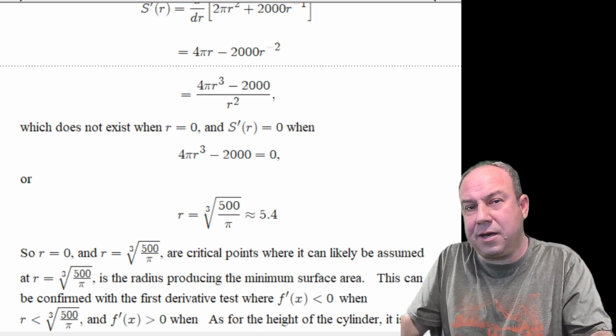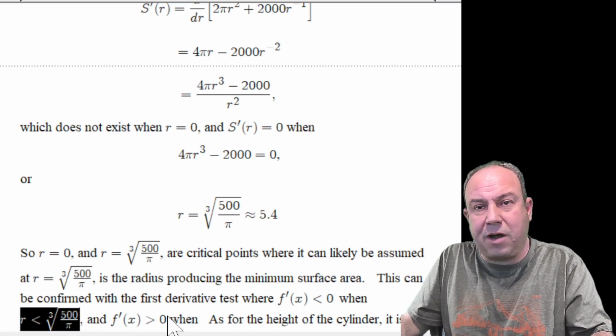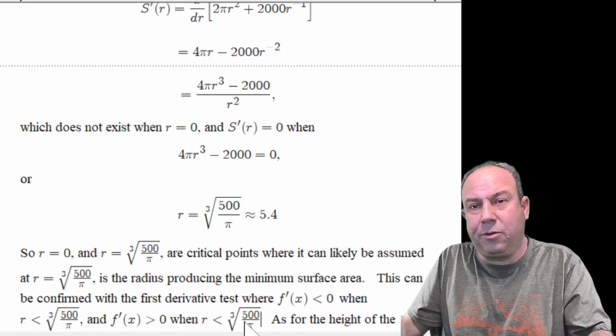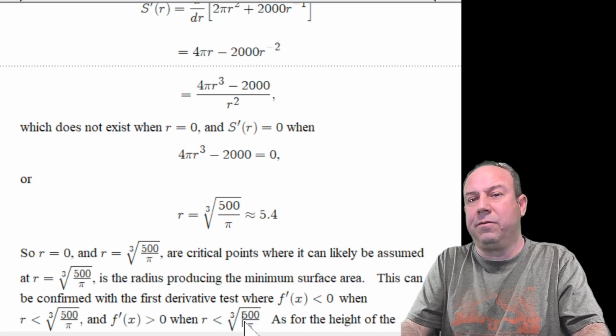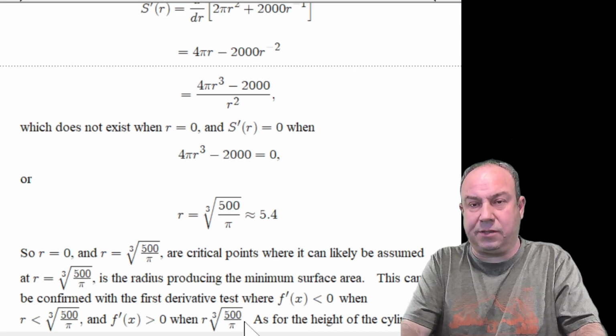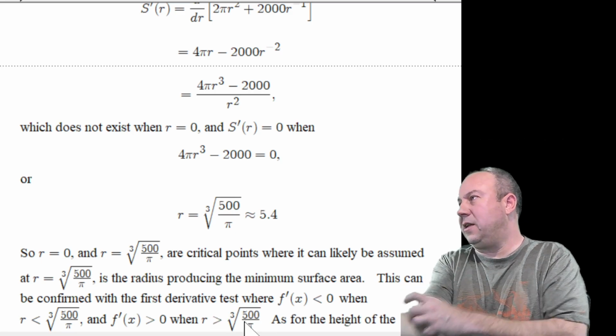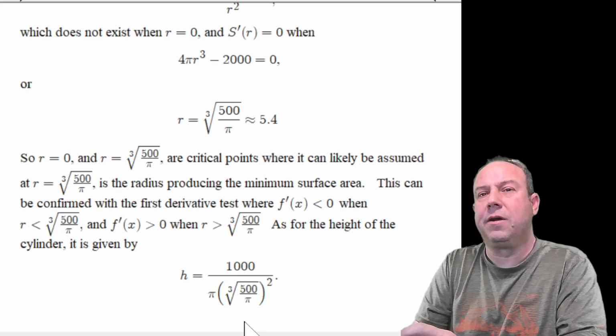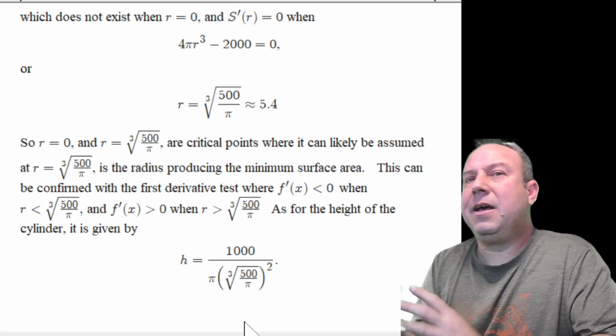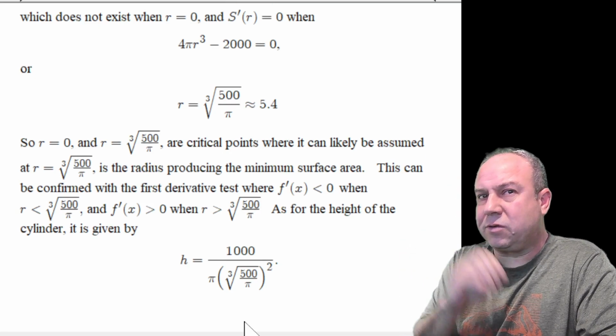I don't need that comma there. I'm going to grab this just for the quickness and go over and change this sign, right? When our radius is greater than this quantity, right? That will be starting to confirm the first derivative test for us here.